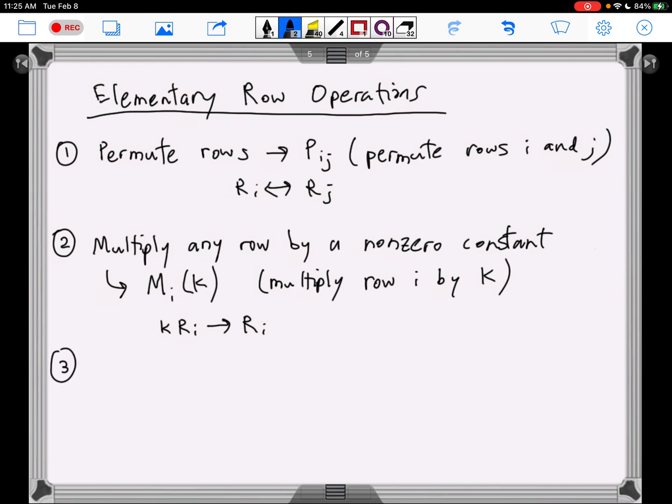Finally, this is probably the most useful one. We are allowed to add a multiple of a row to another row.